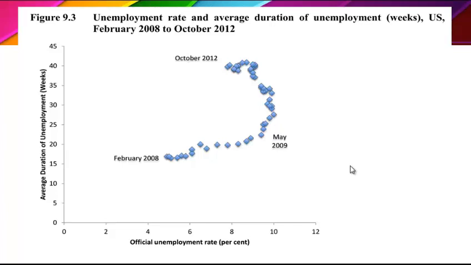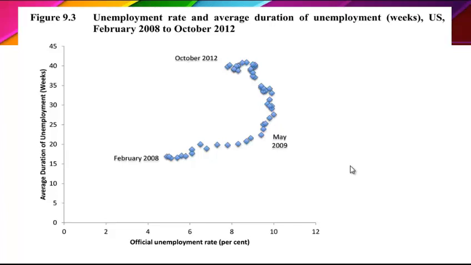Now, as you go along, you see that the duration is not changing very much, but the unemployment is increasing. As you go to May 2009, you see that there is a substantial rise in unemployment, and there is also a rise in the duration of unemployment.